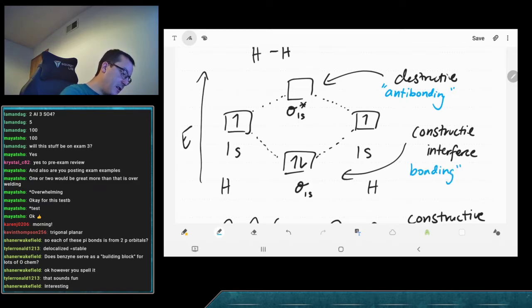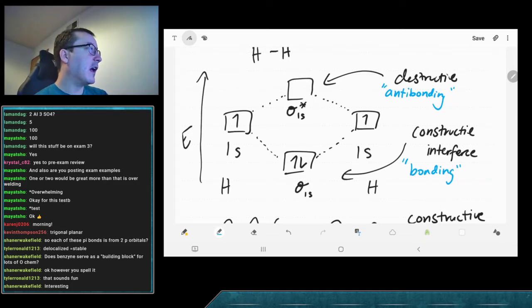I'm going to show you in just a sec what these look like orbital-wise. We have these electrons from the hydrogens, one from each s orbital, moving into this molecular orbital in the bonding area, forming that sigma bond. Since we do not have any more electrons, we're not going to put any in that sigma star. But let's have a look.